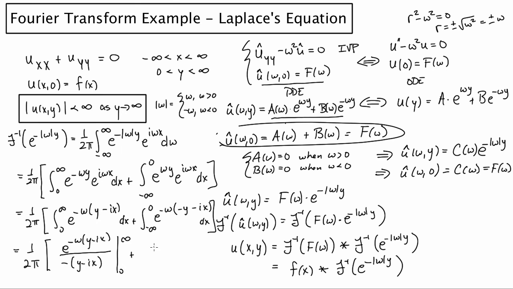Then I'm going to do the same thing over here, but the chain rule is slightly different. So the chain rule on this side would be minus y minus ix, evaluated from minus infinity to 0. Okay, so there's a lot of work that's taking place there.